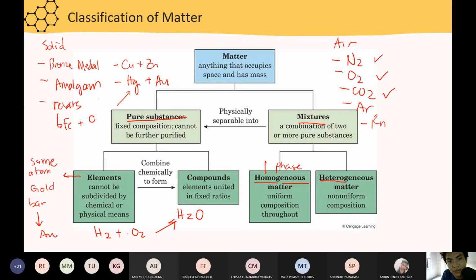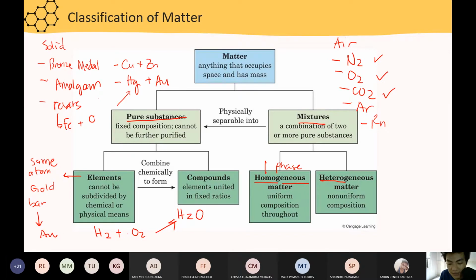If you allow the mud to settle over time, the water and the soil layer will start to separate. The soil goes to the bottom because it is denser. The water will float on top. That's just one of the many examples of a heterogeneous mixture.